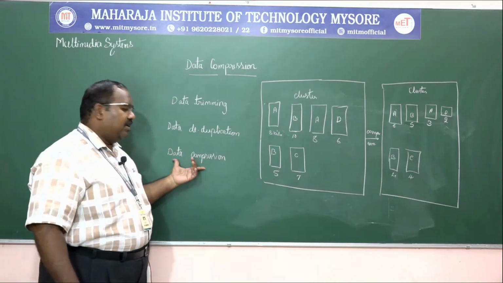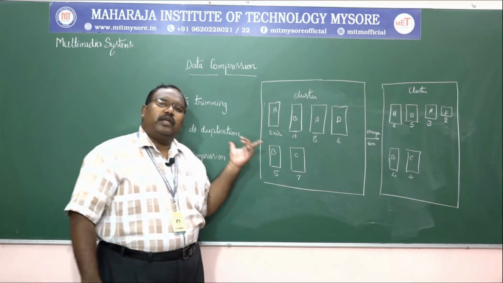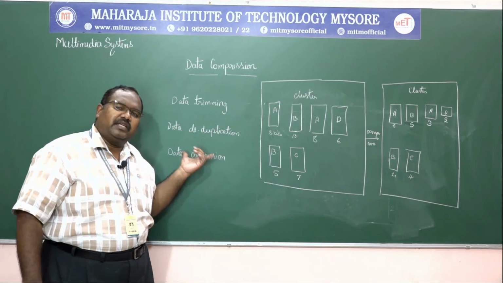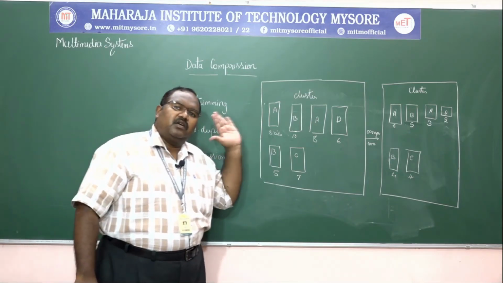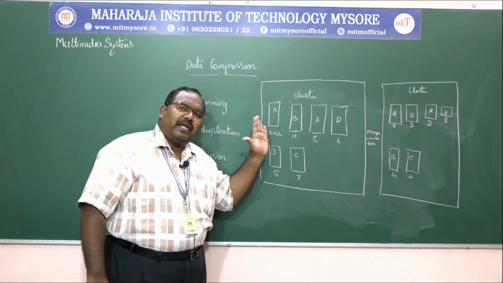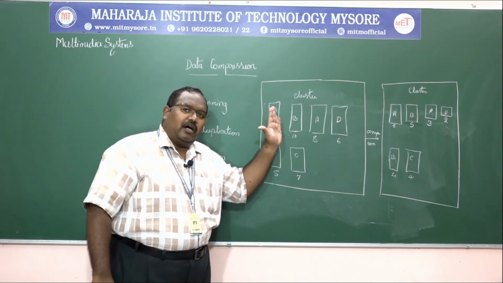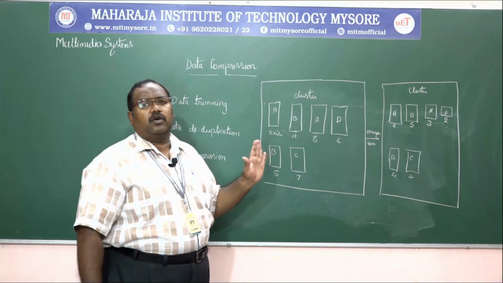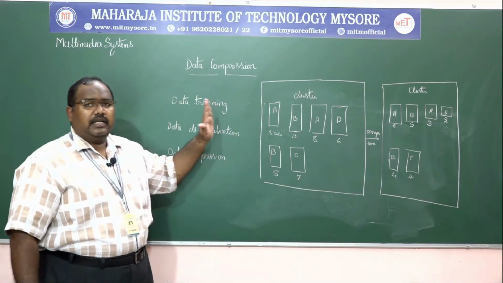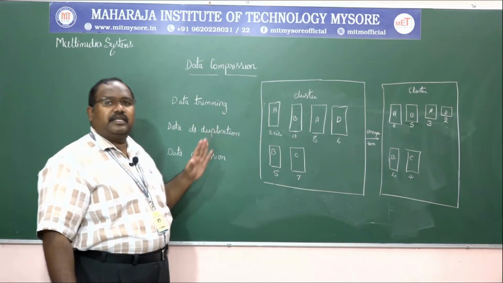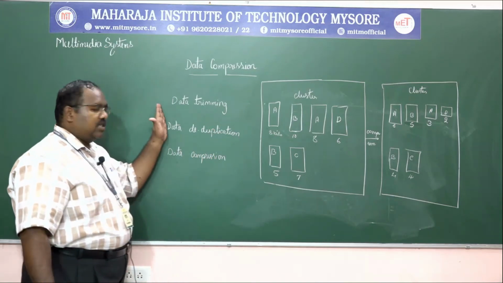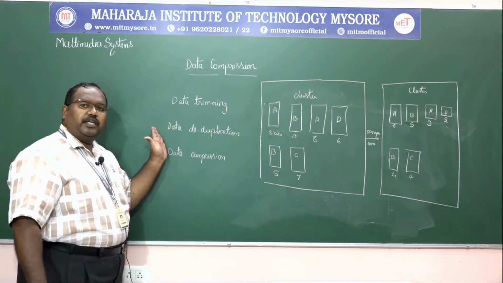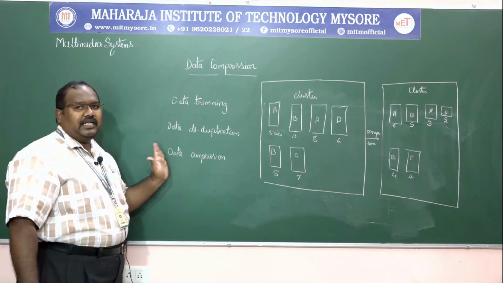In data compression, we are not doing data trimming or data deduplication. Here the concentration is just on reducing the size of the data file. That is called data compression. So a clear distinction is made between the 3 concepts: data trimming, data deduplication and data compression.